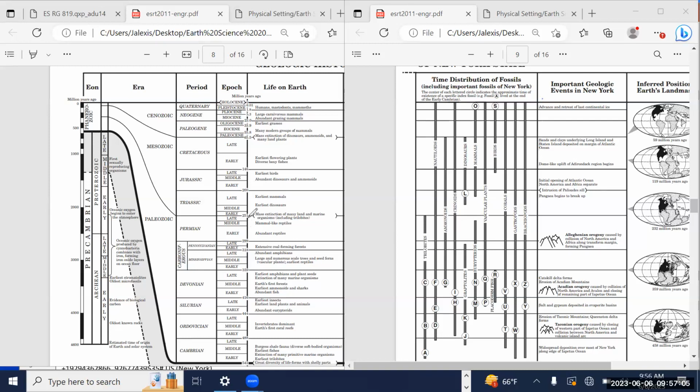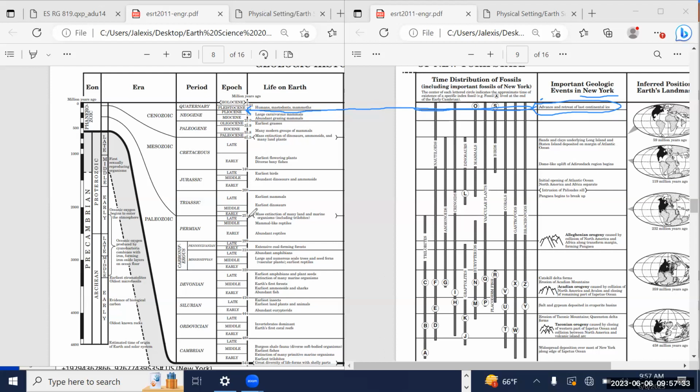And it's stated right here. See where it says advance and retreat of last continental ice. And we know these are important events in New York, so it makes sense. When I follow this line to the epoch located on the bottom, the epoch that you can see is the Pleistocene epoch.